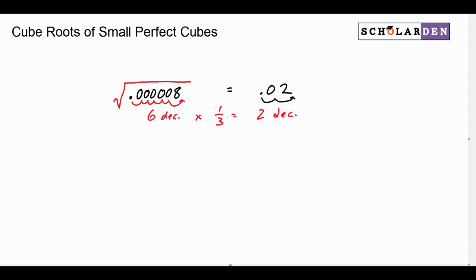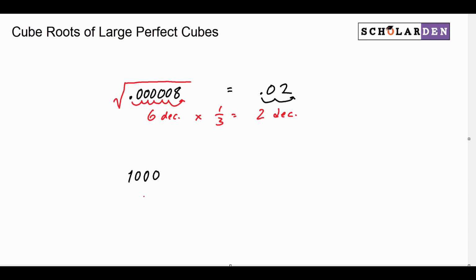Now, if we look at the cube root of large perfect cubes, we're going to notice a similar pattern to what we've been talking about. Let's look at 1,000. So if there are trailing zeros in a large perfect cube, then the number of zeros in the cube root is going to be 1/3 the number of zeros in the original.